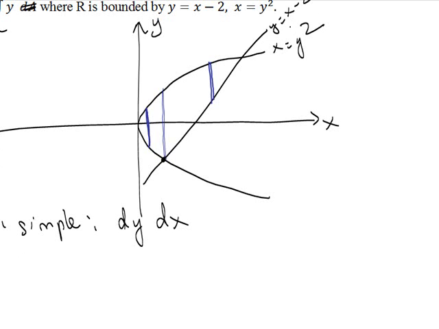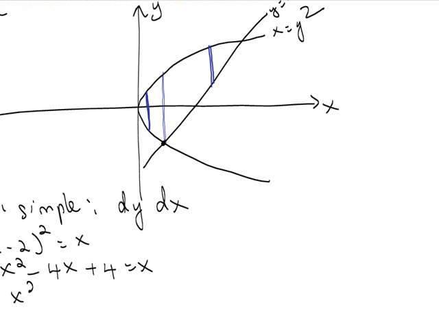So I'm going to replace y with x minus 2. So x minus 2 all squared equals x. x squared minus 4x plus 4 equals x. x squared minus 5x plus 4 equals 0. x minus 4, x minus 1 equals 0.